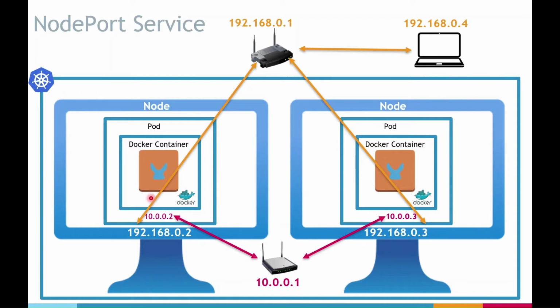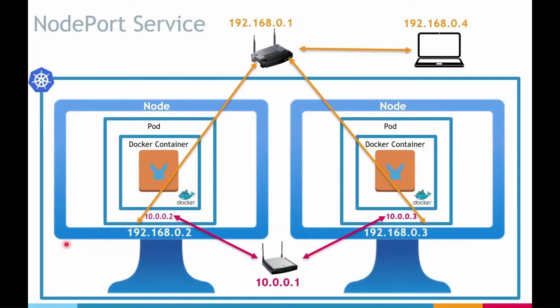So both the pods have different IP addresses. What we observe is that the pod network is different from the node network, and the pods can easily communicate with each other using these IP addresses.